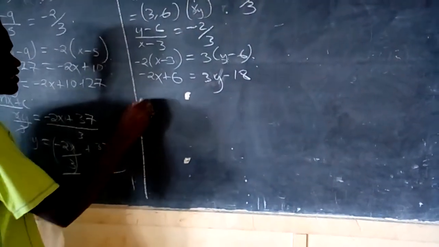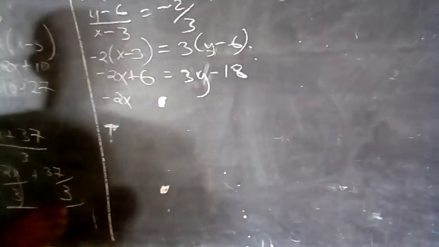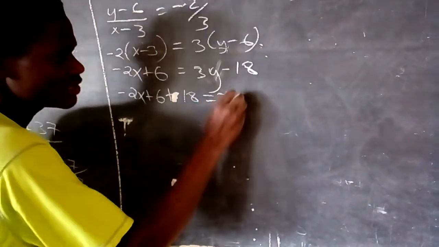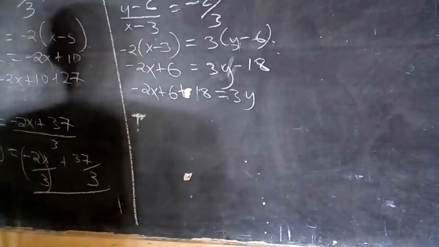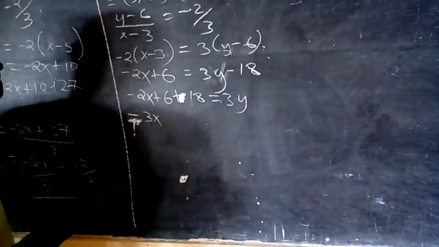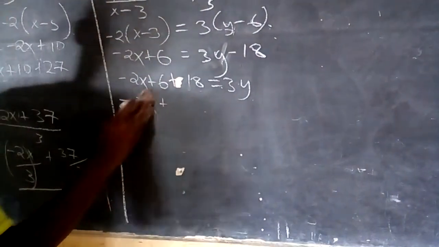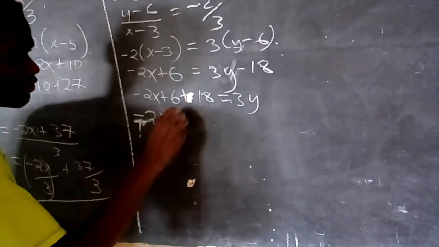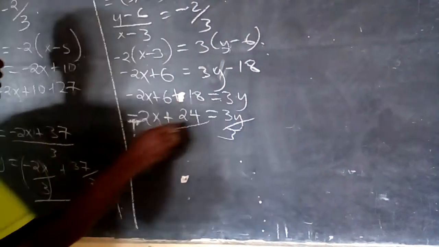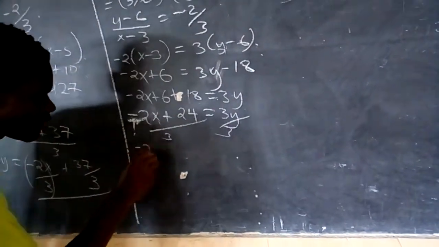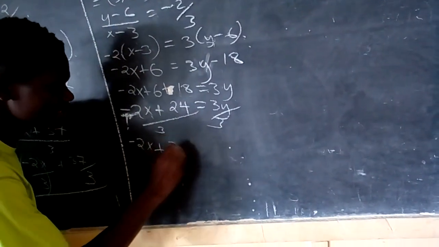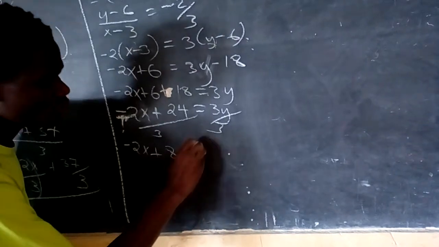Now I find that negative 2x plus 6 plus 18 is equal to 3y. 6 plus 18, that is 24. Now negative 2x plus 24 is equal to 3y. Divide by 3, divide by 3. Now that is negative 2x plus 24 divided by 3, which is 8. That is, y is equal to negative 2x over 3 plus 8.